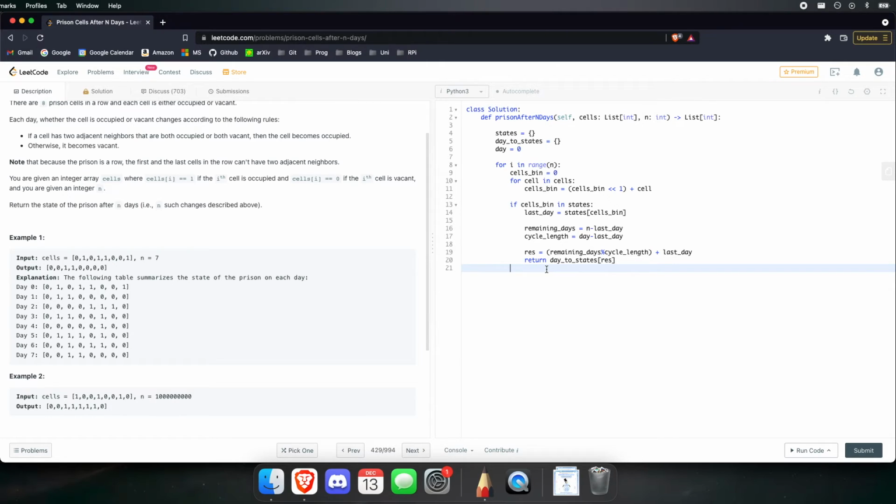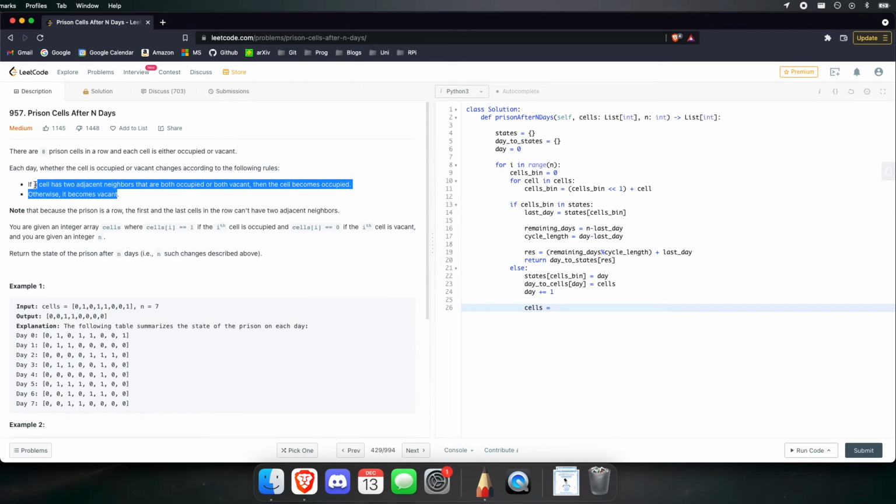If we have not seen this cell state before, well, we want to add it to our states hash map, and we want to also add it to our day to cells hash map. So we're using two hash maps; one is the inverse of the other. Let's also increment the day, because for the next iteration it's going to be the next day. And let's update cells according to these rules.